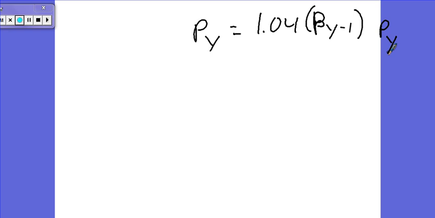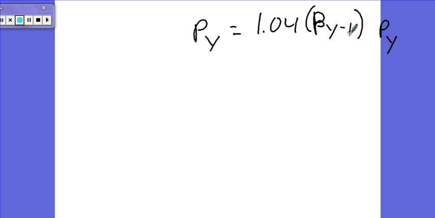So this is how much money you have after so many years of it being in your savings account. The Y stands for years. P is how much money it was. And P, Y minus 1, is the principal balance after Y minus 1 years. After 6 years, there's a principal balance of $1,600. How much is the principal balance after 8 years?